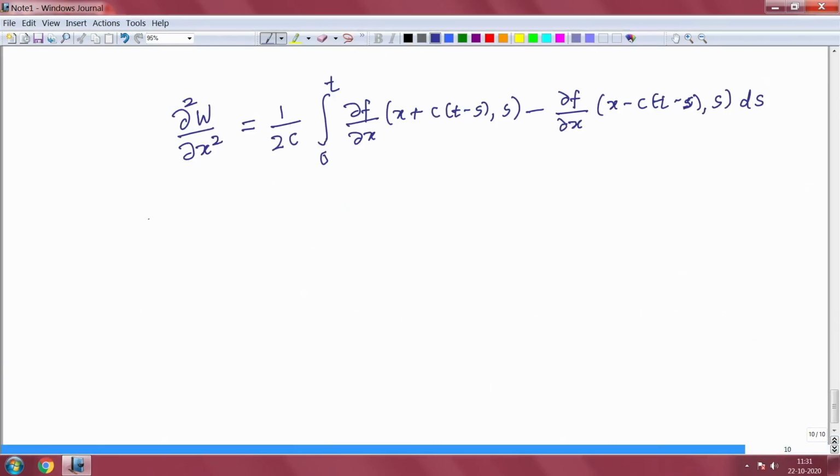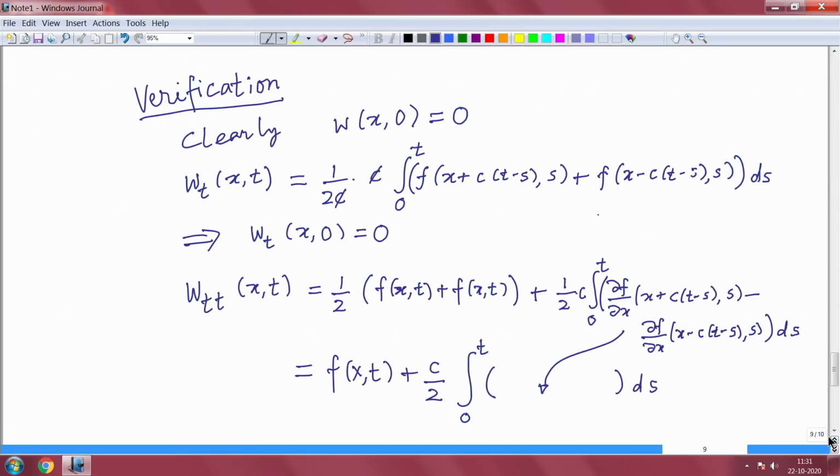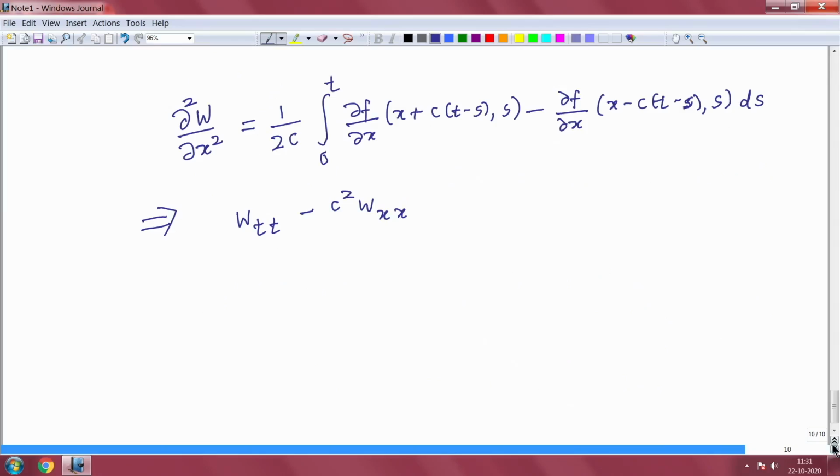So immediately you see that w t t minus c square w x x. So this c square term will produce c by 2, and there is a c by 2 term here also. So that gets cancelled, and what remains is only f of x t.